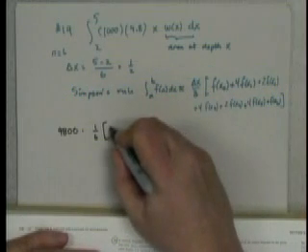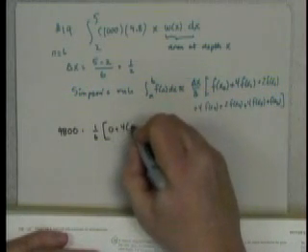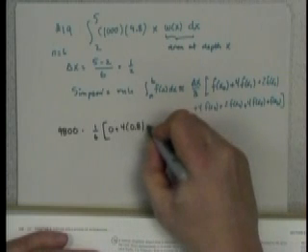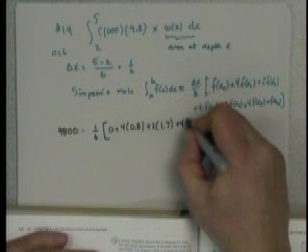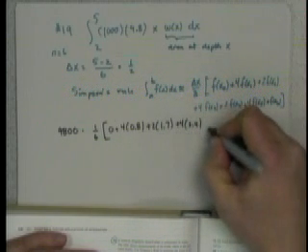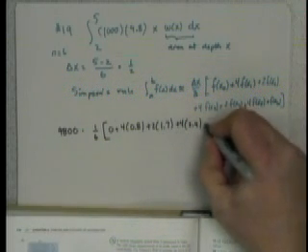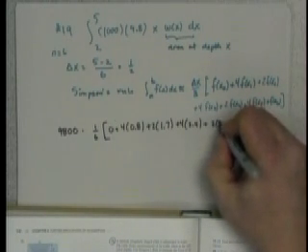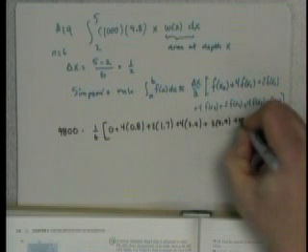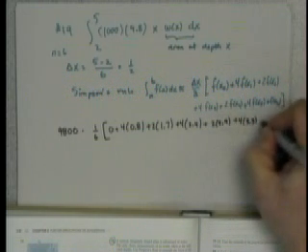So I have 0 plus 4 times 0.8 plus 2 times 1.7 plus 4 times 2.4 plus 2 times 2.9 plus 4 times 3.3, and then finally just plus 3.6.